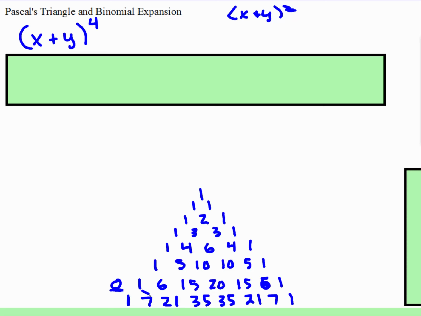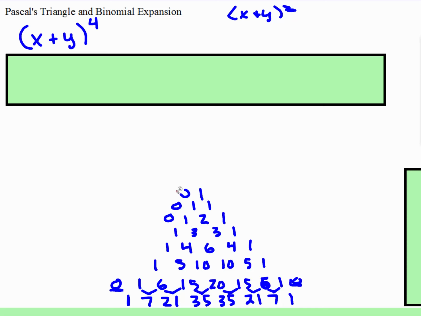Well, 7 is between 1 and 6. 21 is between 15 and 6, 35 is between 15 and 20, and 7 is between 6 and 1. 1 is 1 and that invisible 0. So that's why there's all these 1s on the outside, because each is just below a 0 and a 1, a 0 and a 1, and so forth. So that's how you would arrive at it.